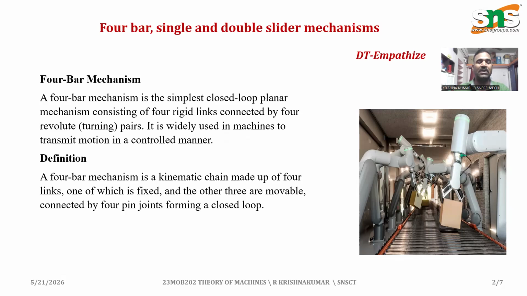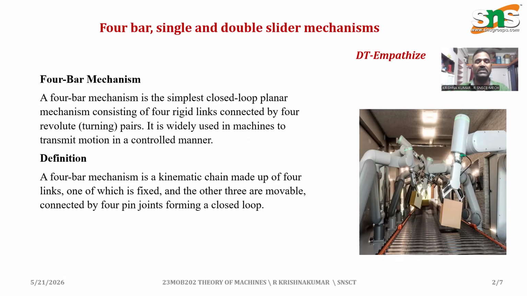The mechanism operates on the principle of constrained motion, where the movement of one link determines the motion of the remaining links. The 4-bar mechanism is the simplest closed-loop planar mechanism consisting of four rigid links connected by four revolute turning pairs.